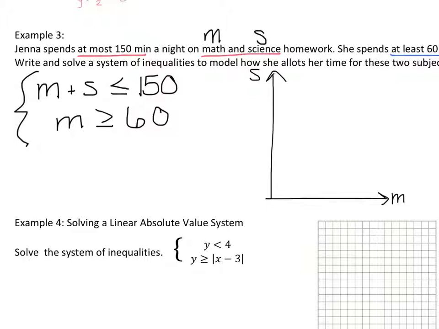Since we have s in place of y, usually we get y by itself, so let's get s by itself. So m plus s less than or equal to 150. I'm going to subtract the m. So m will be less than or equal to, wait, I did that wrong. S, whoops, will be less than or equal to negative m plus 150.